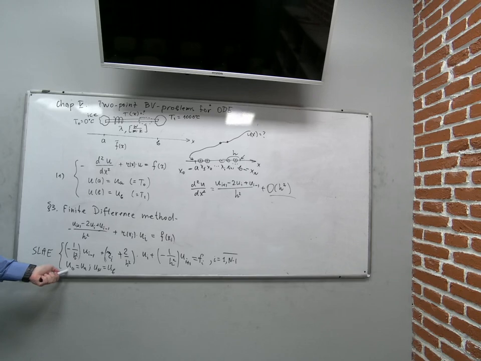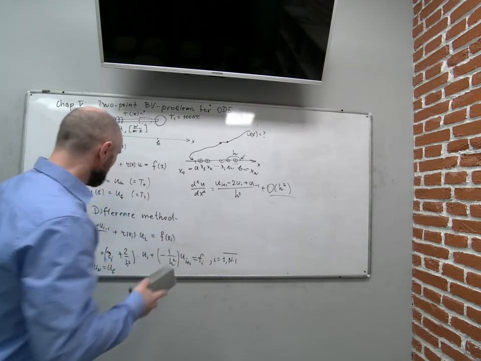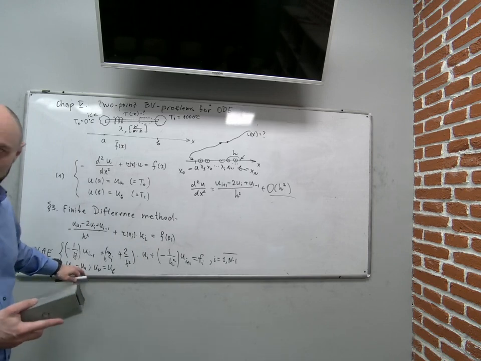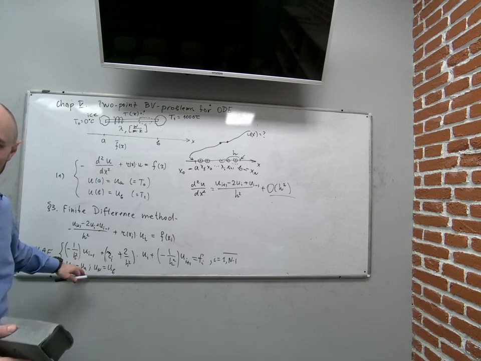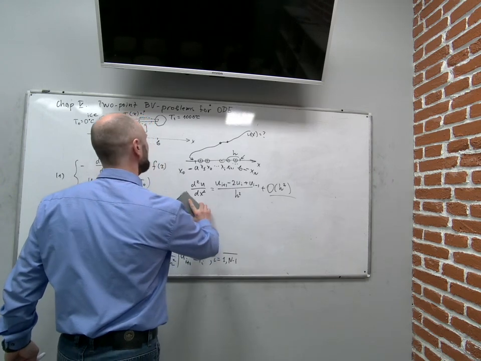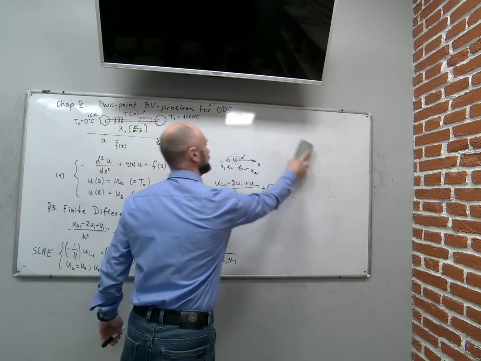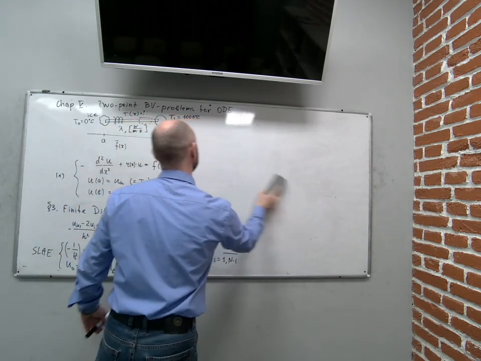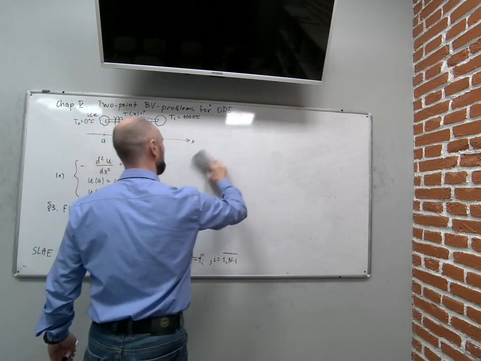And in the first and the last equation, only one unknown is involved, and the value is defined by the boundary conditions right away. The system of linear algebraic equations of this type is called a tridiagonal system. Did you hear about this somewhere before? Okay, then I need to explain how to solve this kind of system more efficiently than the general type of system.